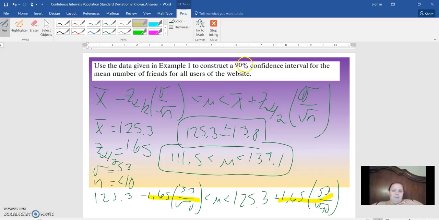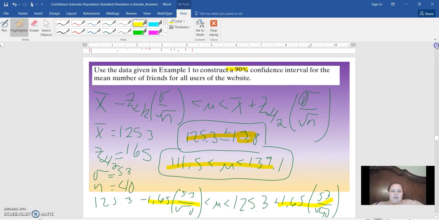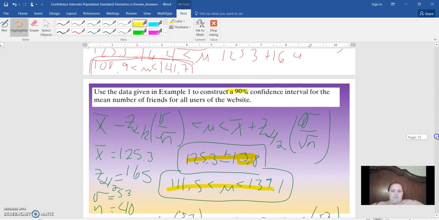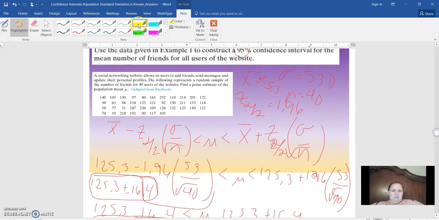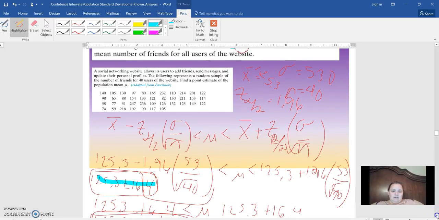Notice, at 90% confident, what changed was the margin of error, which is what we had calculated above in a different video. When we were 95% confident, it was 16.4 as the margin of error.